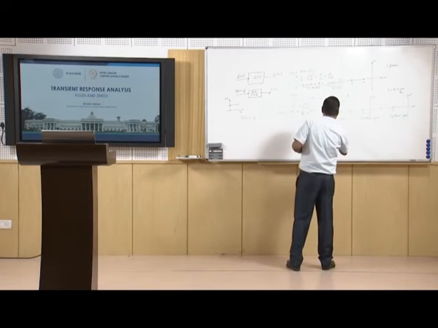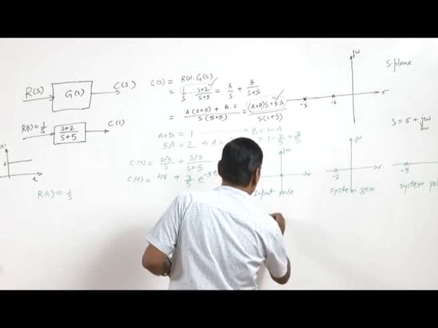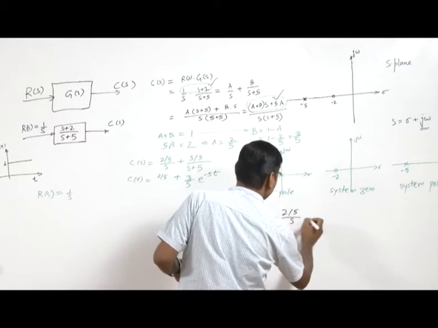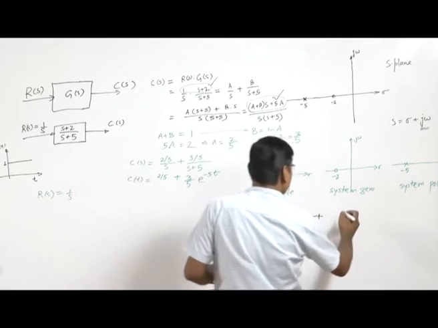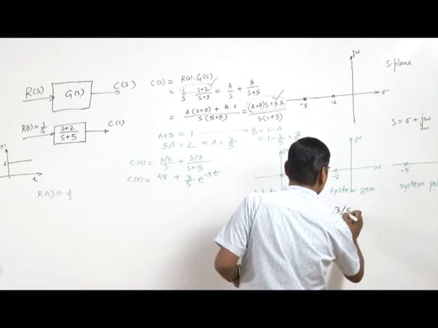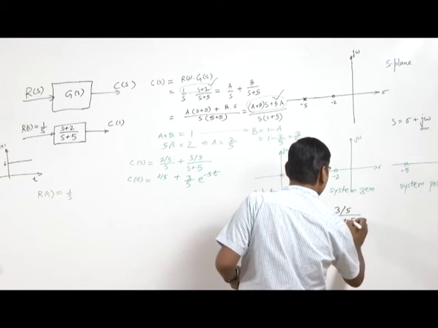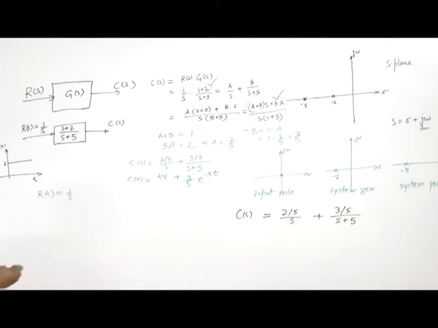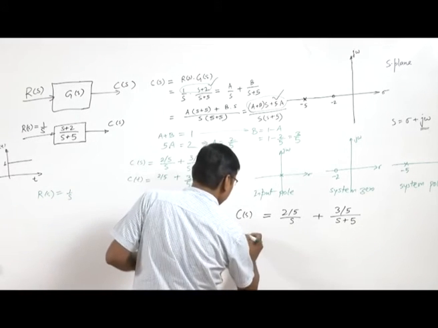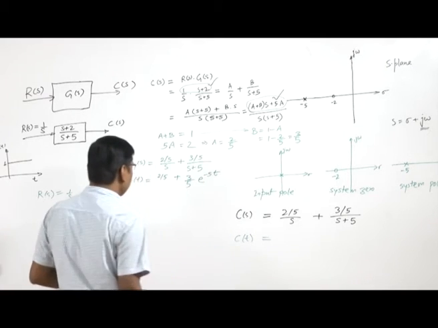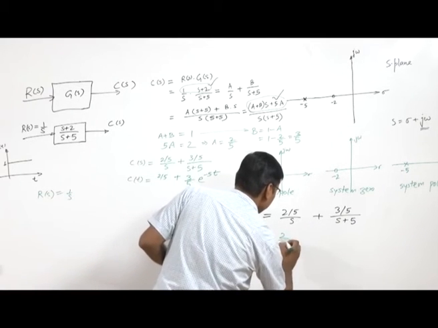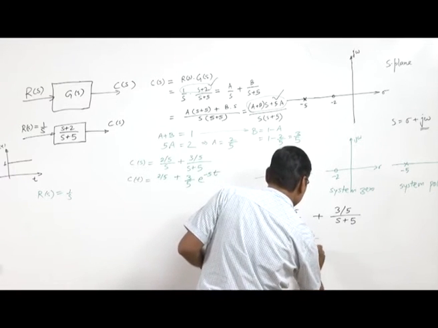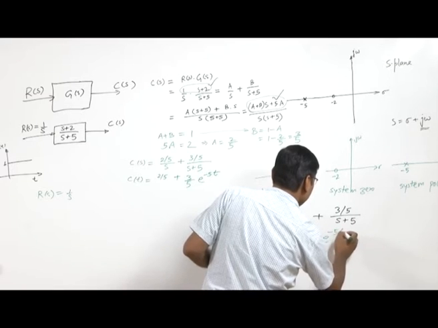And we see that C(S) equals (2 by 5) by S plus (3 by 5) by (S plus 5). And here C(t) equals 2 by 5 plus 3 by 5 e power minus 5t.